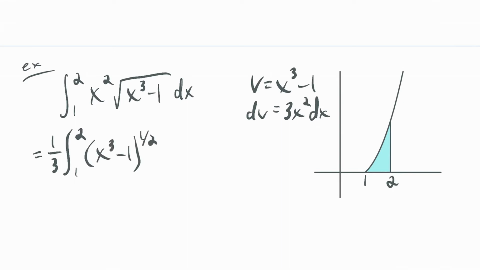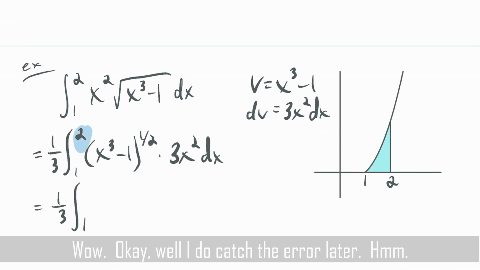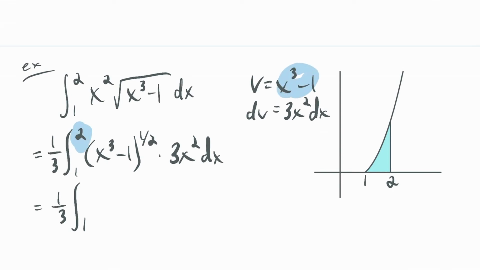We're going to have to do that eventually anyway, times 3x squared dx. Now I can do my replacements, and I'll change the limits of integration when I do that. So this is 1/3 times, if I plug 1 into the formula, I get 0. If I plug 2 into the formula, I get 7. So put 7 there, times u to the 1/2 power times du.